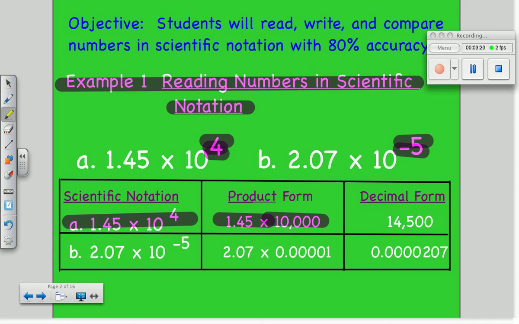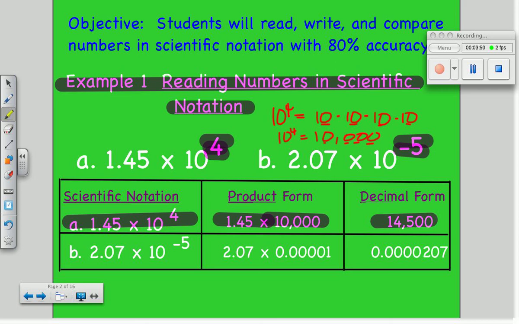You don't have to write this, I'm just writing it to show you. 10 to the power of 4 is the same as 10 times 10 times 10 times 10, which equals 10,000. So I have 1, 2, 3, 4 zeros. 10,000. Okay? When I multiply that out, I get 14,500.